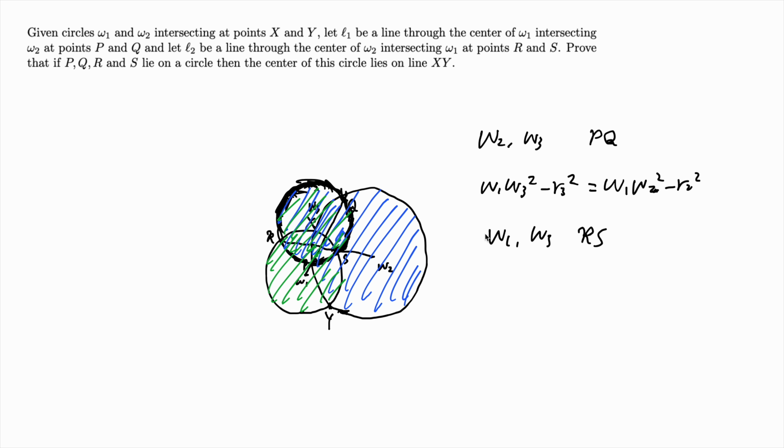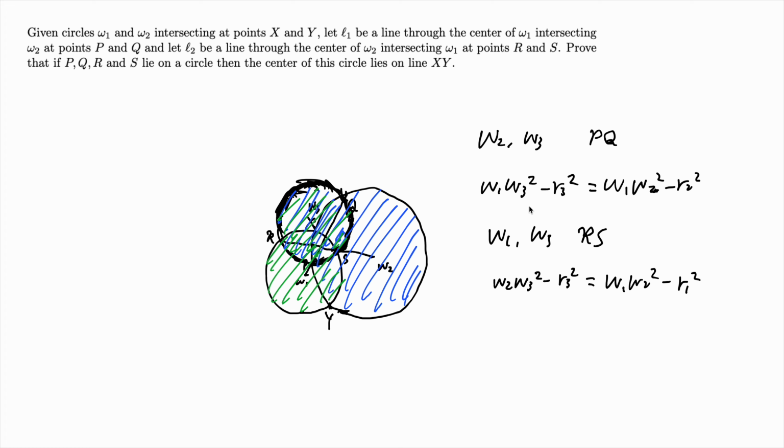So we could do the same thing, write an equation based on the point omega sub 2. So the power of omega sub 2 from omega sub 3 is omega sub 2 omega sub 3 squared minus r sub 3 squared, and this is equal to omega sub 1 omega sub 2 squared minus r sub 1 squared.